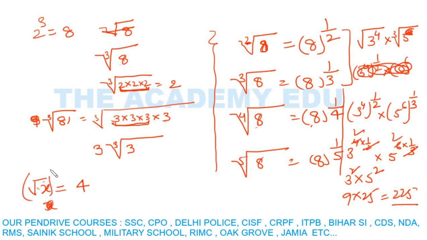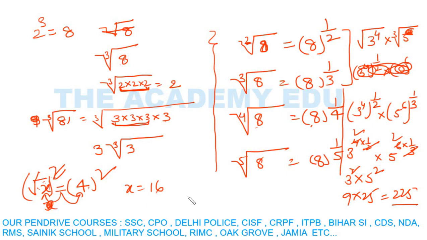By squaring. Square here also. If you are doing something on the left side, you need to do the same thing on the right side. So the square and the root cancel, and I will get x equal to 16.